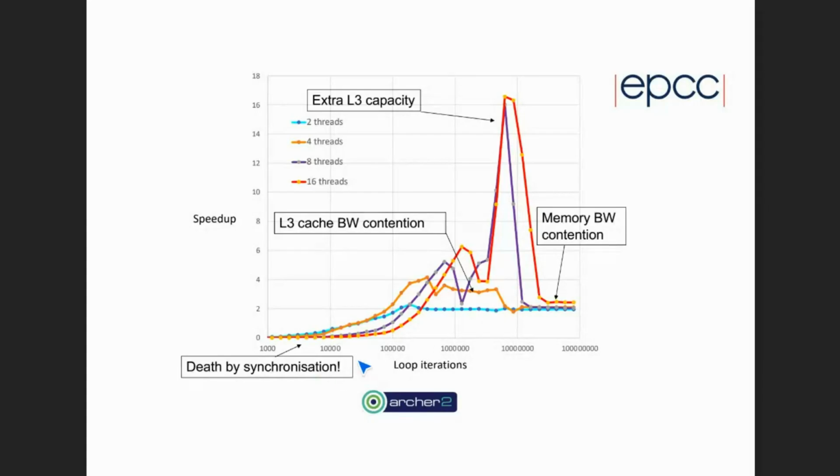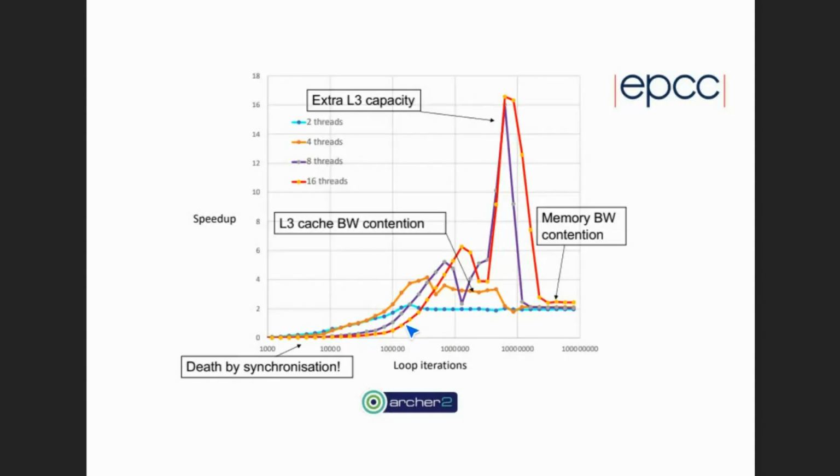In order to break even and get up to a speed up of 1, depending on the number of threads, I need somewhere between 50,000 and 200,000 iterations in the loop, which is maybe surprising.